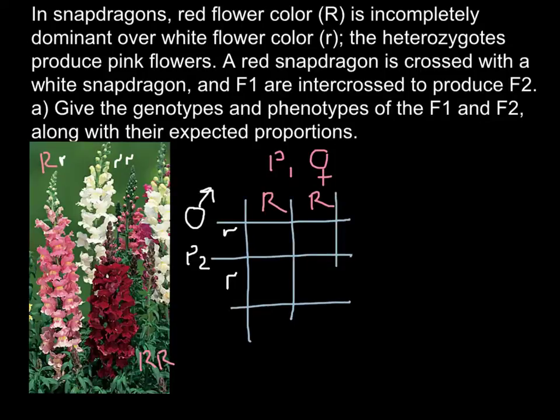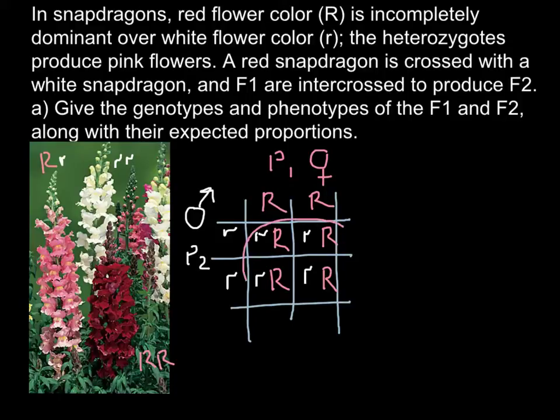So here we have homozygous dominant, and here we have homozygous recessive, and each of their progeny is going to get small r from the male parent and capital R from the female parent.